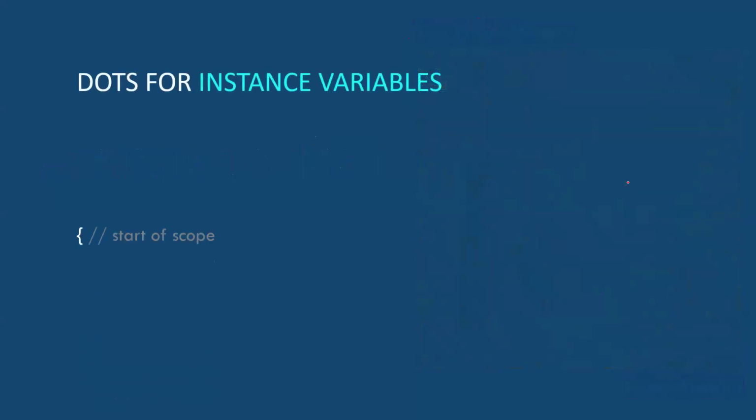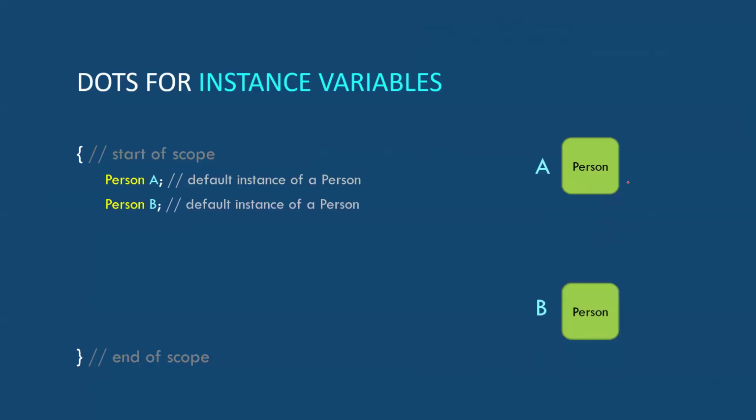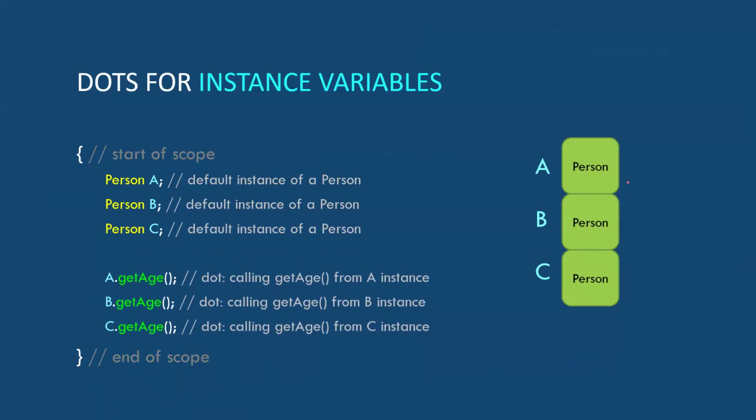So let's take a look at the code. Inside of some curly braces, main, a function, an if statement, a while loop, it really doesn't matter. You can even do that for the heck of it in the middle of your code for no good reason: throw up a pair of curly braces and create a neighborhood. I'm going to create an instance, another instance and another instance, and I do stuff with them.